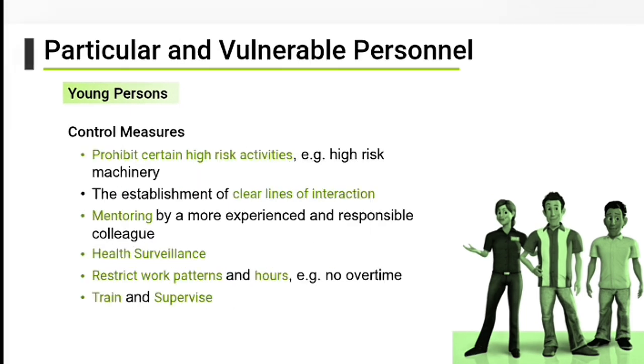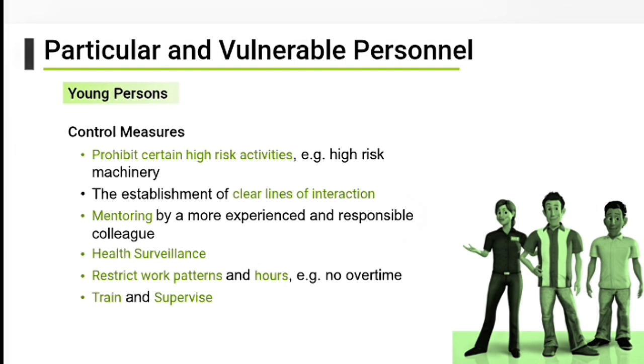To ensure the safety and well-being of young persons in the workplace, various control measures and safety practices should be implemented. These measures include prohibiting high-risk activities. Certain high-risk activities, such as operating high-risk machinery, should be strictly prohibited for young workers.